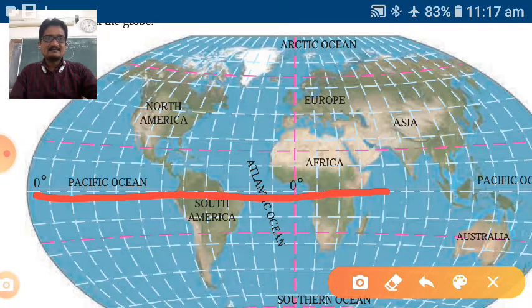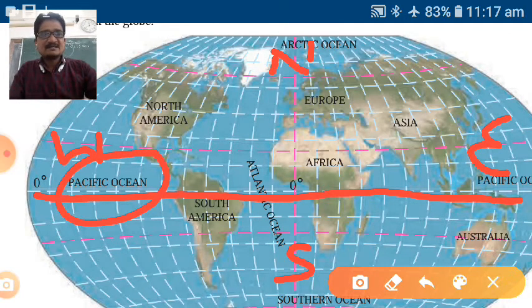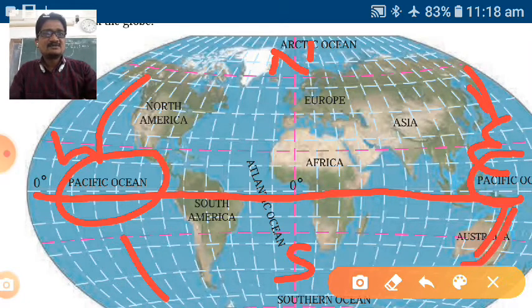The upper side is the northern hemisphere, this is the southern hemisphere, this is the eastern hemisphere, this is the western hemisphere. In all the 4 sides, we are observing that the Pacific Ocean is there. It is spreading towards all 4 sides. So the answer is Pacific Ocean.